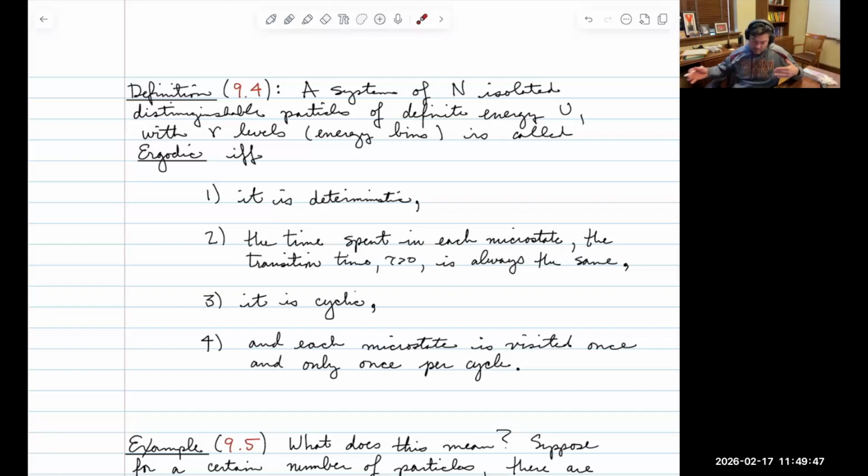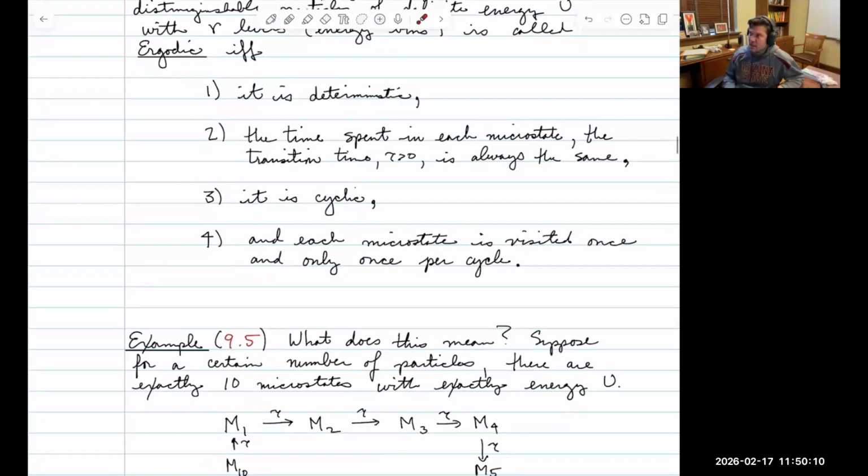There's a continuum of energies, and there's a continuum of the transition from microstate to microstate. In fact, the transition time is exactly equal to zero because things transition continuously. But in our discrete world, we can imagine discrete energy levels and discrete amounts of time spent in each one of the microstates. At least that's going to be our simplifying assumption for this case.